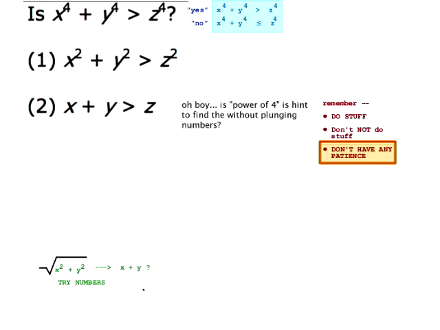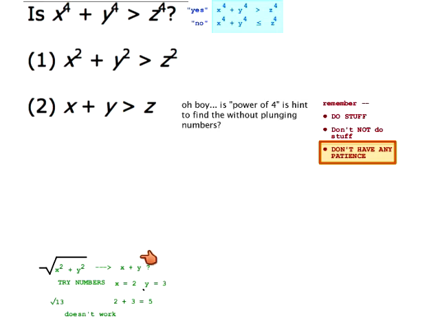Let's try x is 2 and y is 3. Then this is going to be the square root of 4 plus 9, and this is going to be 2 plus 3, which is 5. That just doesn't work. You can totally do this on the fly, during the time that you have for the problem. This is not something you don't have time to do.